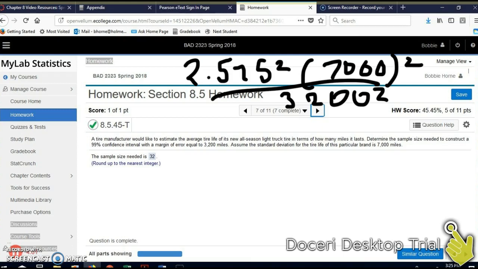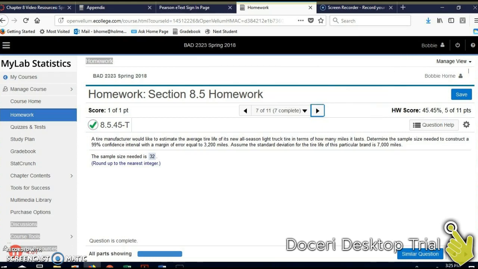Once you calculate that, you will round it up to 32. 2.575 squared times 7,000 squared divided by 3,200 squared is 31.7, but you're going to round it to the nearest integer on all of these.